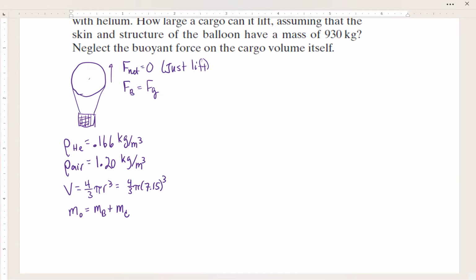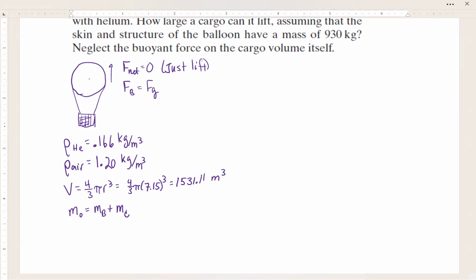And I get 1,531.11 cubic meters. If you put that on Desmos, you can see 4/3 7.15 cubed. I got slightly different if I use 3.14 instead of the pi button, but we're all good.